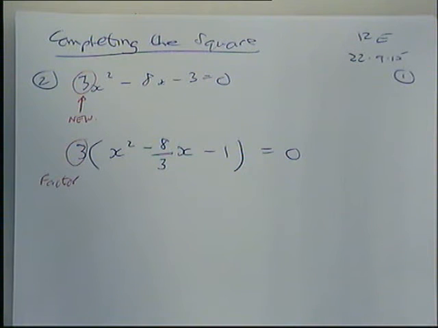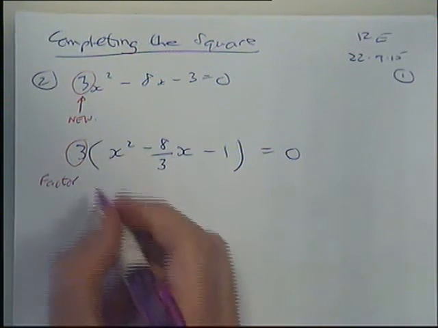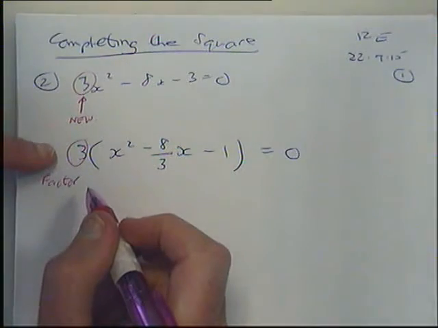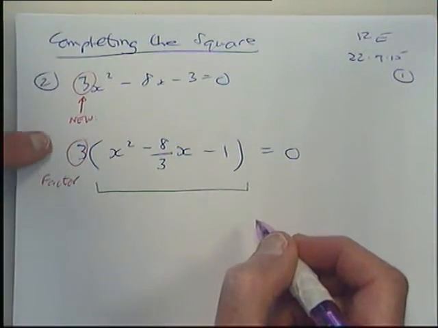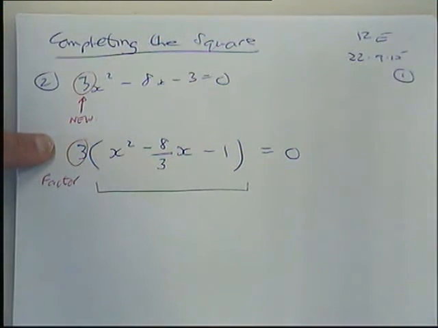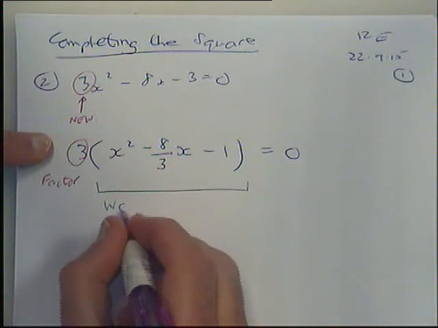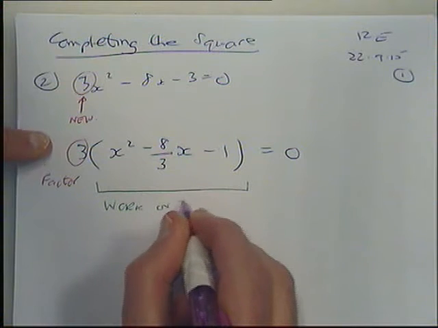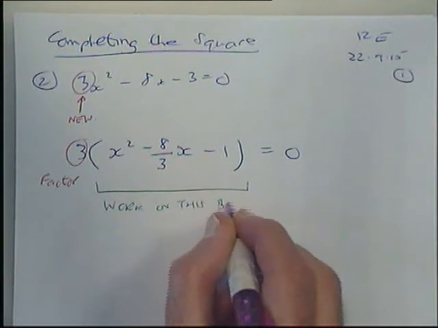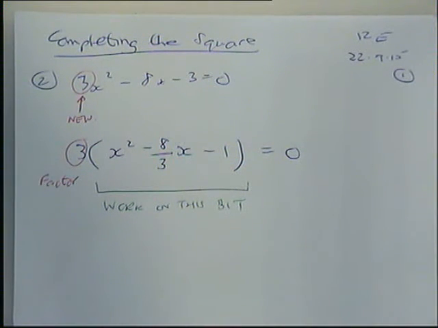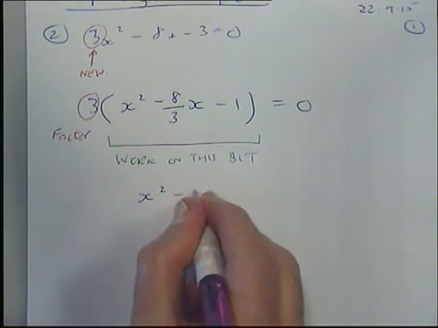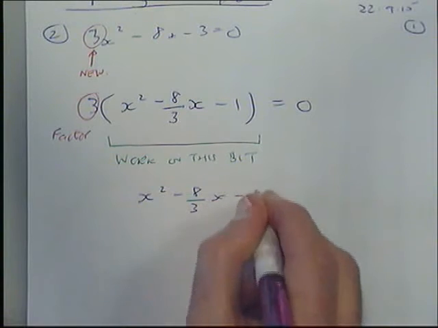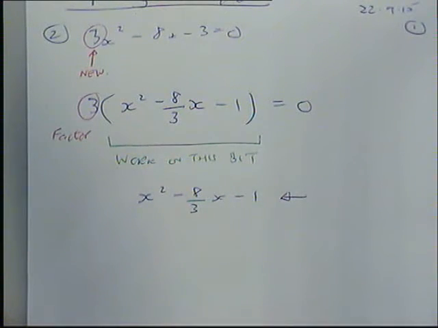And now, what I'm going to do is temporarily forget about that 3, and I'm just going to work on this bit. I do need at the end to remember that 3. I'm going to temporarily forget about it though, and I'm just going to work on this bit here for now. Okay? So I'm just going to pretend effectively like that's a question on its own, that I have to do the completing the square on this.